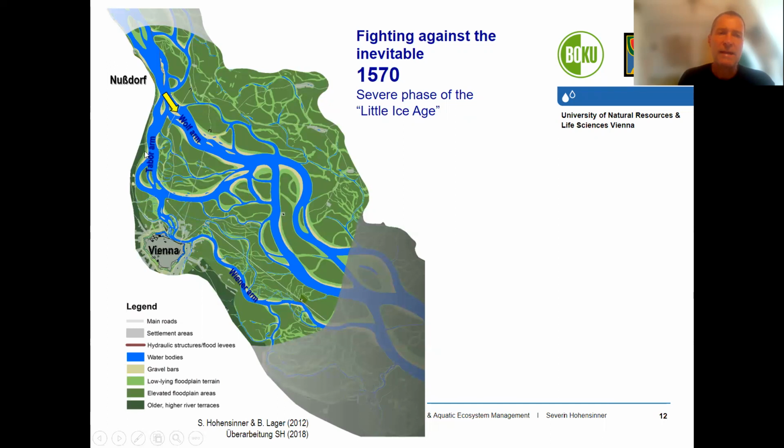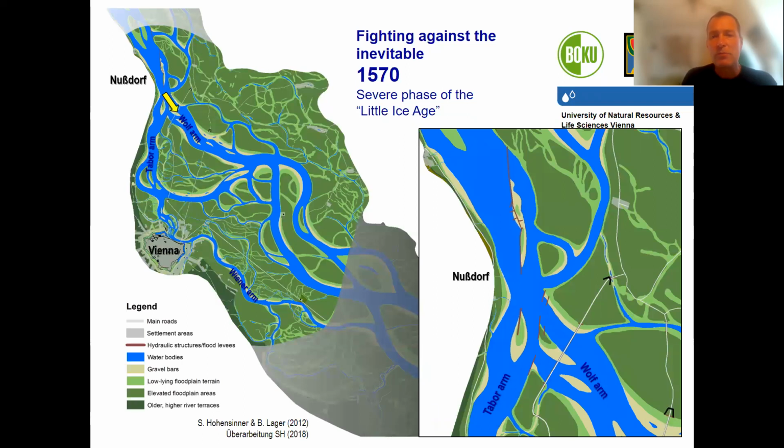The former main arm, the Tabor arm, showed some siltation, and the former small side arm became the new main arm, up to 1,000 meters wide. This was a problem for the Viennese population, because the Tabor arm and the side arm close to the city center was the supply line for provisioning of the city on the waterway.